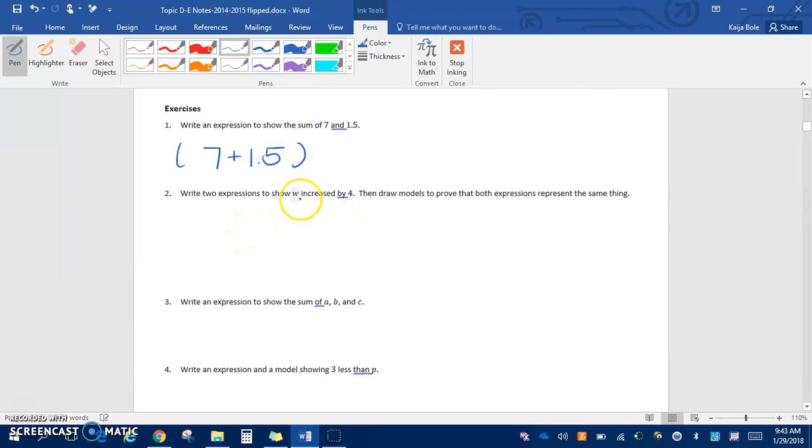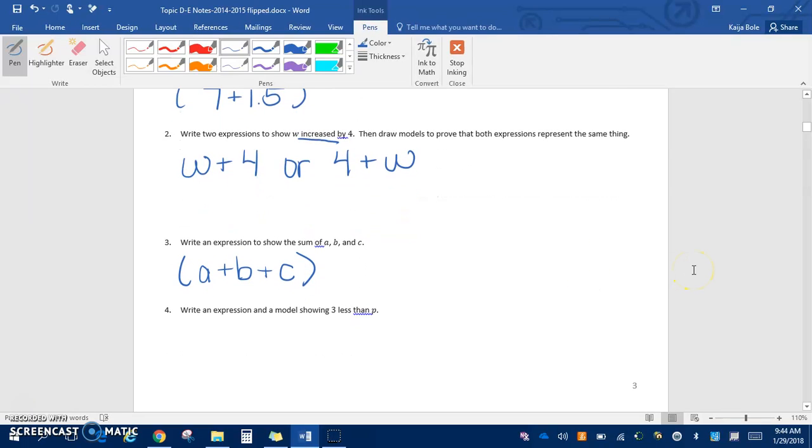So increased means to add, so we could have W plus 4, or because we know the commutative property works for addition, we could also have 4 plus W. Alright, number 3 says to write an expression to show the sum of A, B, and C. So we start our parentheses, we'd have A plus B plus C, and then close our parentheses.